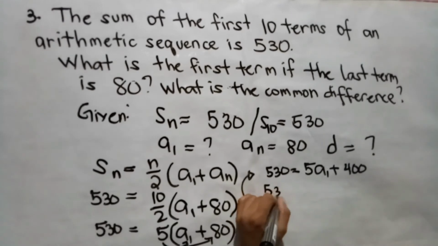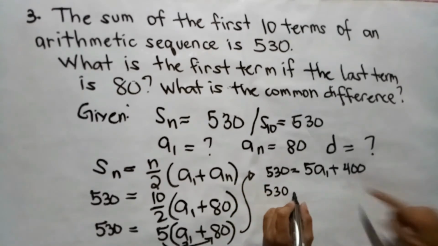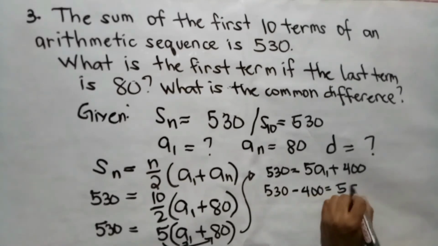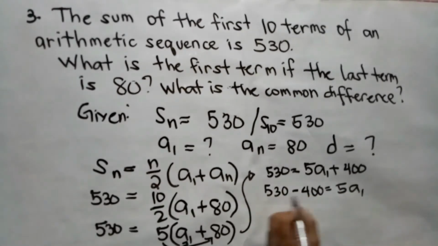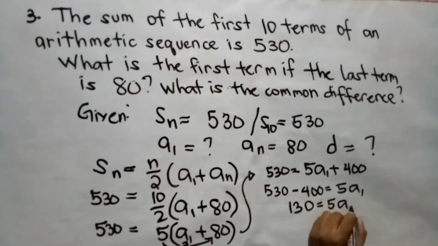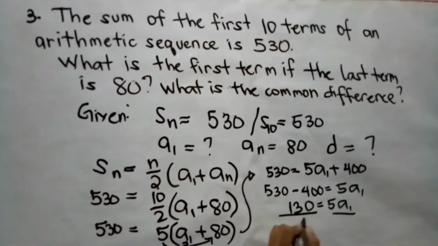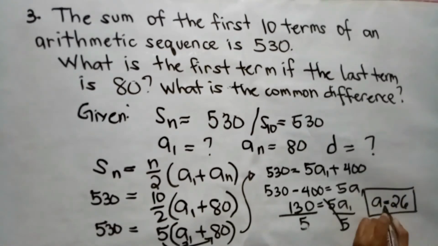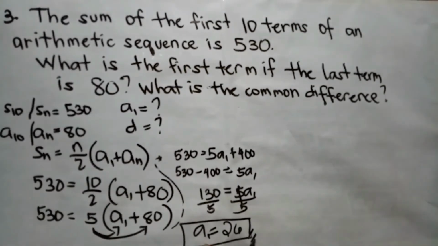So 530, positive 400 becomes negative 400. Then is equal to 5 A sub 1. Then 530 minus 400, and that is 130 is equal to 5 A sub 1. Then divide by 5. So we have A sub 1 is equal to 26.